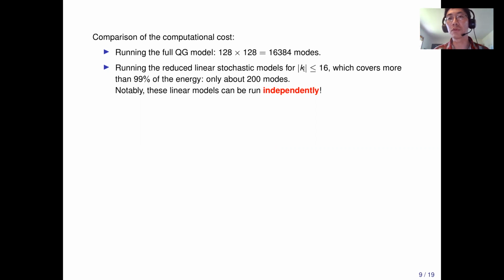If we truncate up to k less than 16, which covers more than 99% of the energy, then the resulting reduced order model only contains about 200 modes. Also, all these linear models can be run independently and in parallel. So this 200 compared with 16,000 is only about 2%, and we can run everything independently. Computationally, it's much cheaper by using these linear stochastic models with either additive or multiplicative noise.